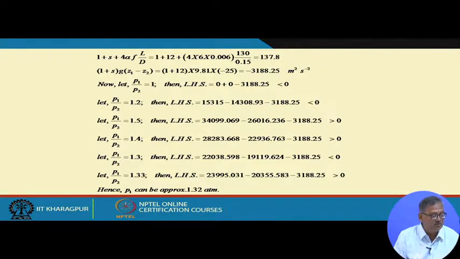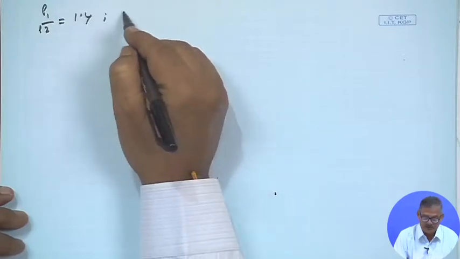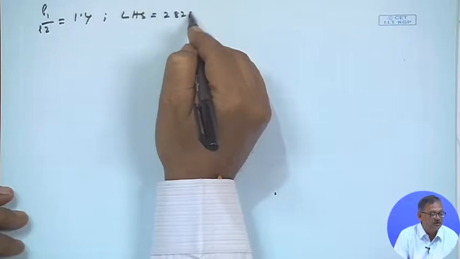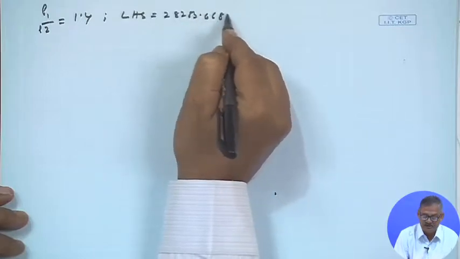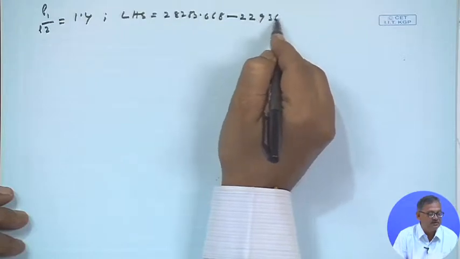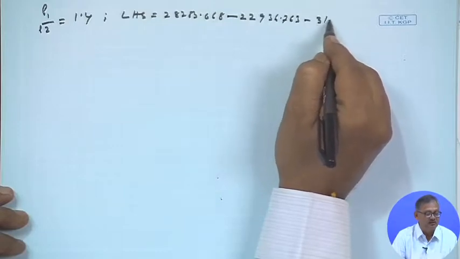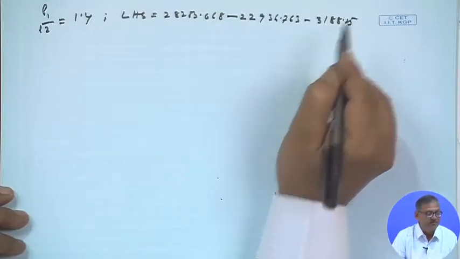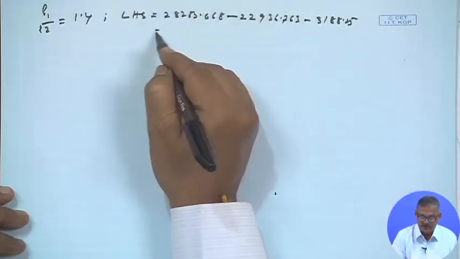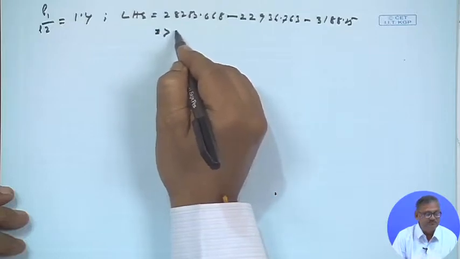So, if we do 1.4, then the first term on the left hand side is coming 28,283.668, second term is coming minus 22,936.763, third term over 3,188.25, and when it is coming like that, if we add up, then it becomes greater than 0, right.